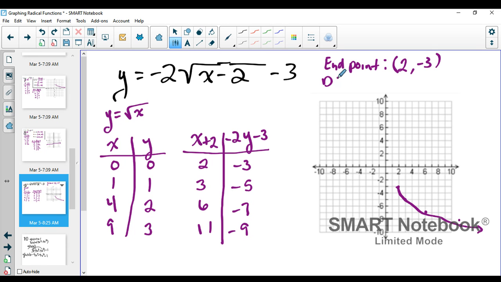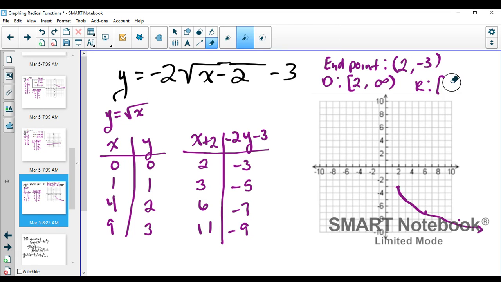The domain, so the smallest x value that we're going to use is 2. And we're going to use all of them up into infinity. And then our range, the highest y value we have is -3. I wrote that backwards. So the lowest one we have is -infinity, and it's going up to -3. There we go. Now it's the correct way.